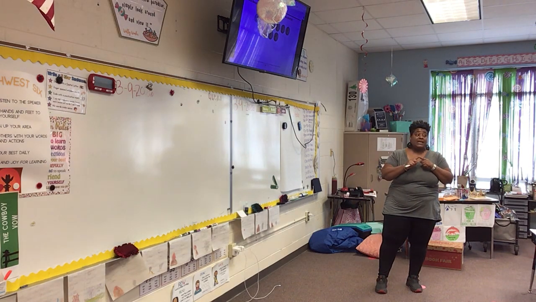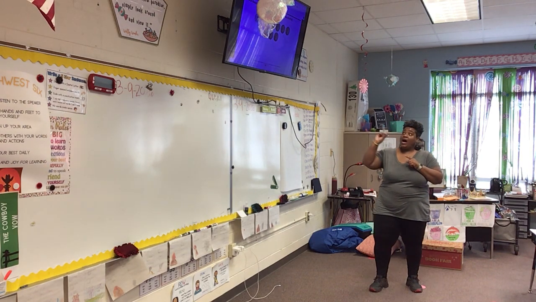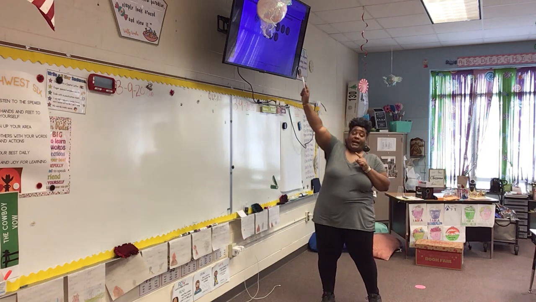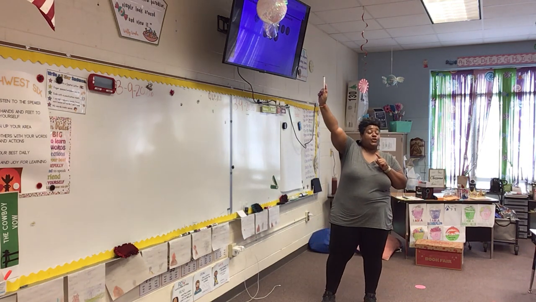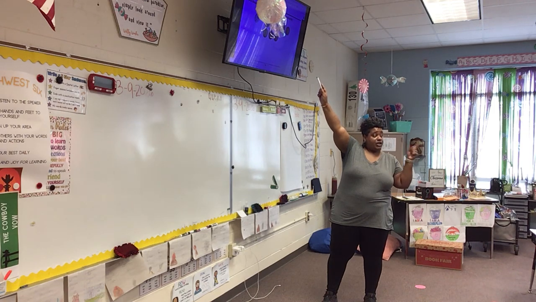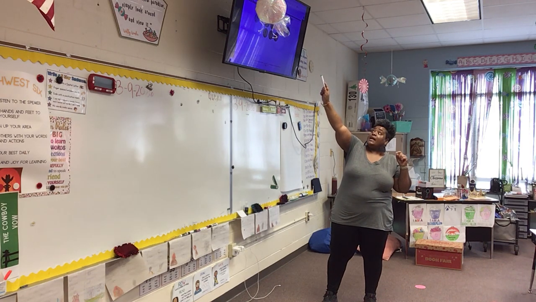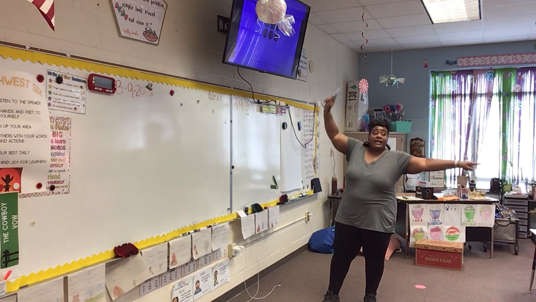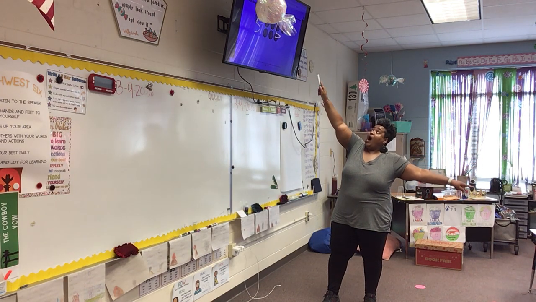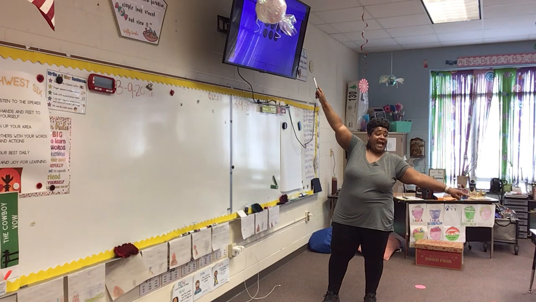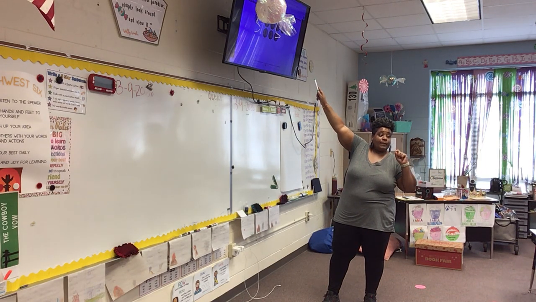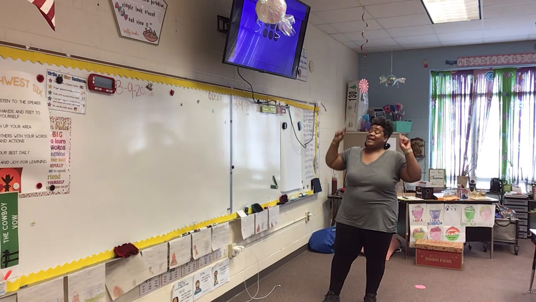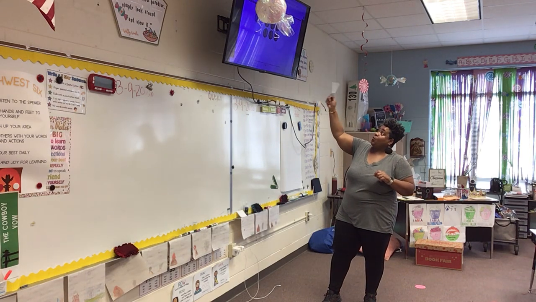But tell me the value of the silver coin. Who can tell me the value and the name of the silver coin? Jeremiah. Okay, he said a dime is 10. Now, who can tell me the value of the brown coin and the name? Cameron. Okay, it's a penny and it is worth 1 cent.